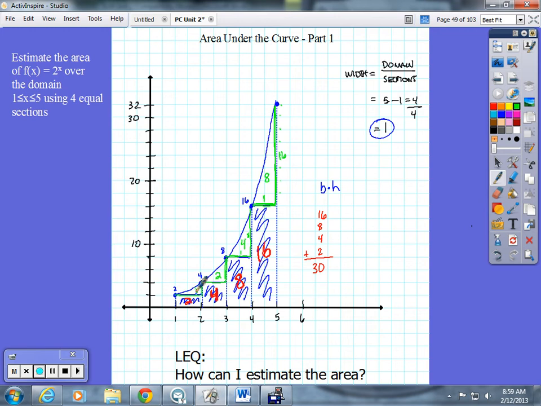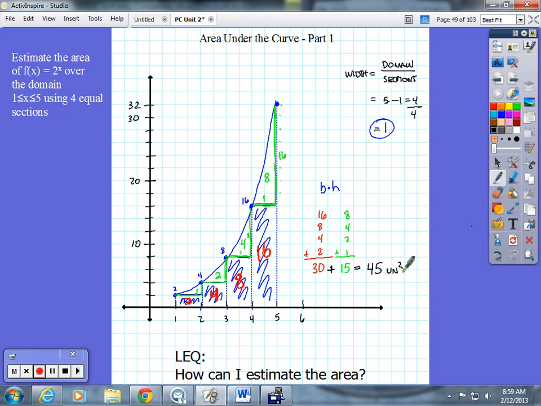So I add up each of those little triangles now, and I have 8, 4, 2, and 1. Add those together, that's 10, that's 15. So my total area, or my total estimate for the area here, is going to be 30 plus 15, which is 45 units squared. Is that 100% accurate?